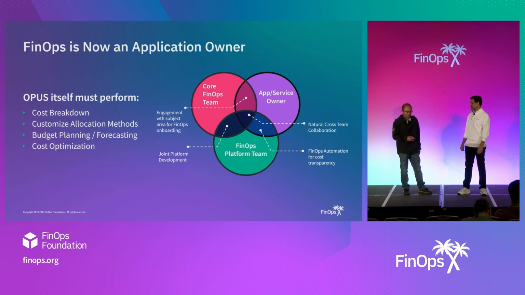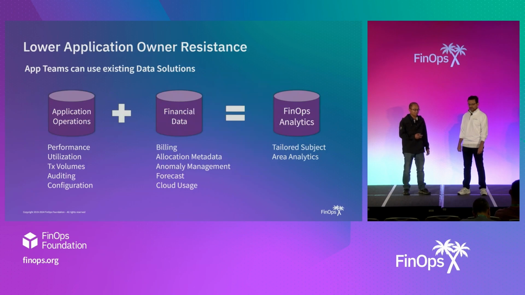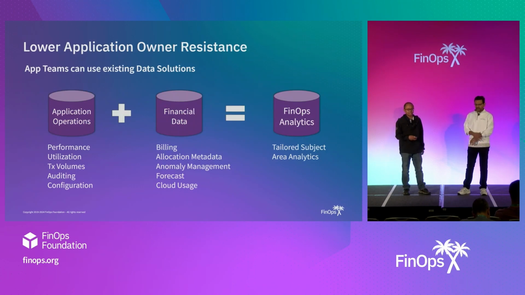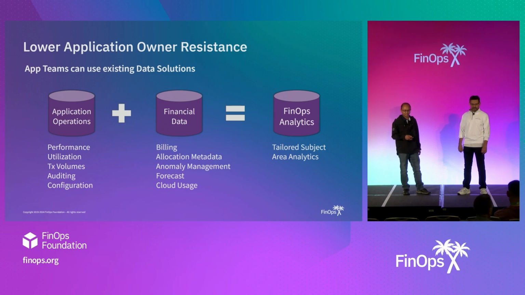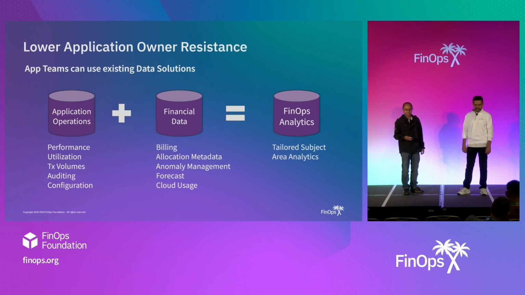But what this does do is it gives you a unique vantage point, because while we're trying to onboard other applications teams onto the FinOps platform, we understand some of the pain points that they're going through because, well, we've done it. And so we're leading by example in many cases, but it's still a challenge to onboard applications teams onto a FinOps platform because, let's face it, you're still asking them to do some work.